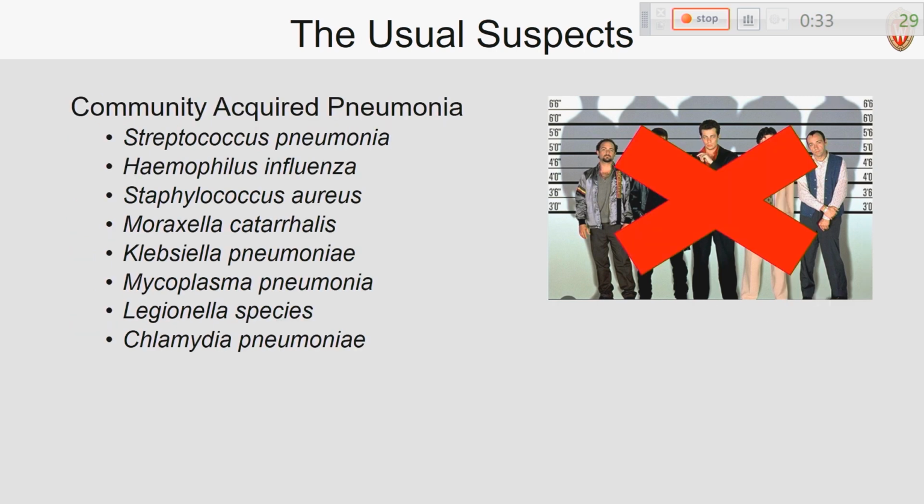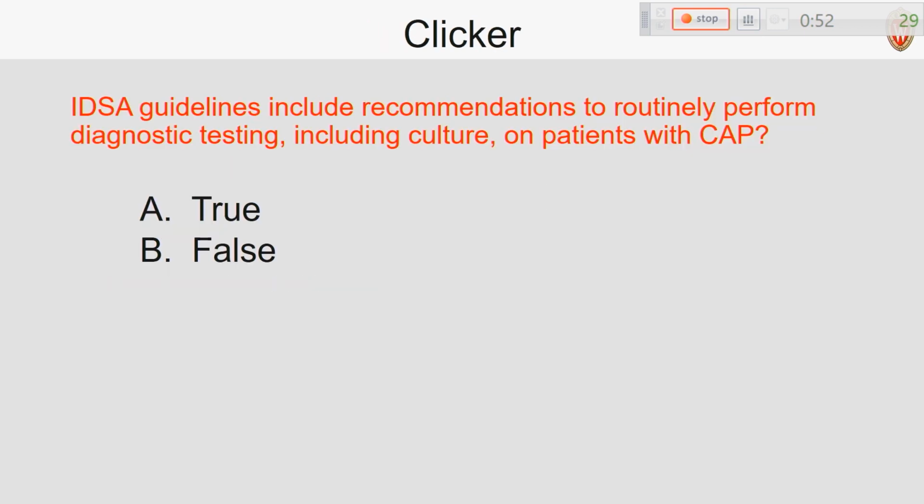The usual suspects really are the community-acquired pneumonia pathogens, and Tyler touched on this before. These are the things that we all know, we've learned in school, and we've seen in the laboratory forever. The challenge is that a lot of these can be part of the normal upper respiratory tract as well, so that is why specimen quality is so important.